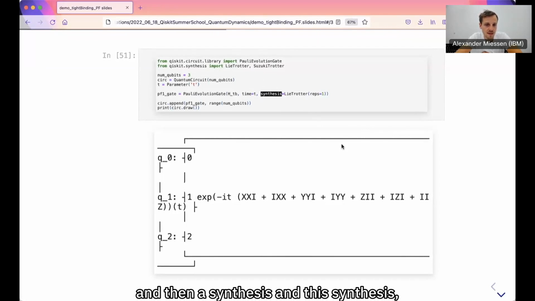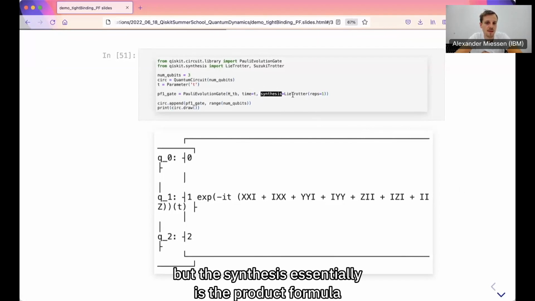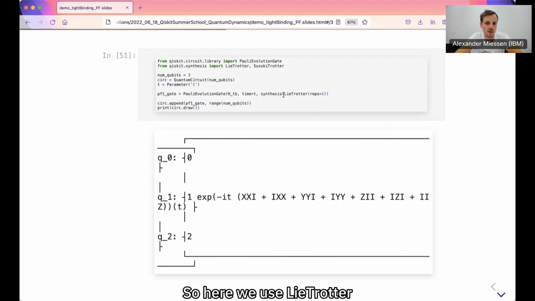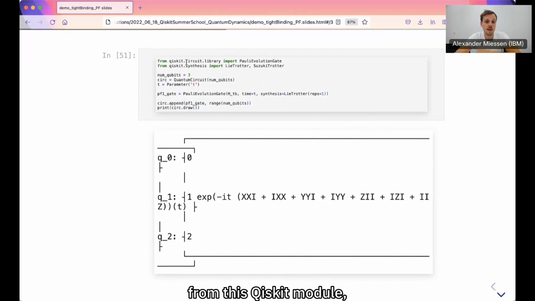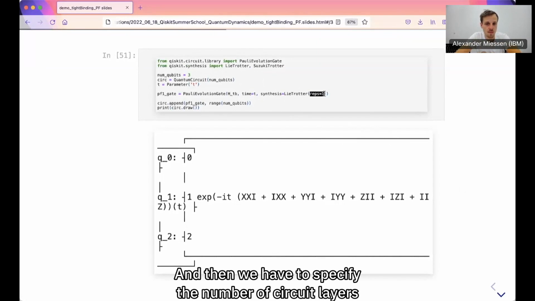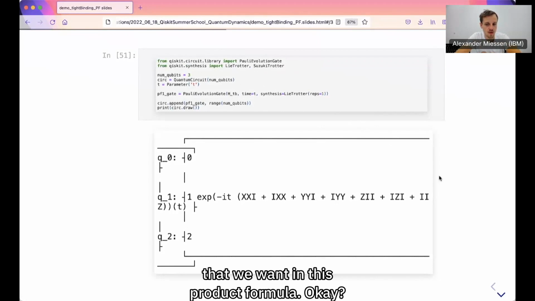The synthesis, it's a weird name, is essentially the product formula that we want to use. Here we use Lie-Trotter, which you can import from this Qiskit module, which is a first order product formula, and then we have to specify the number of circuit layers that we want in this product formula. Okay.